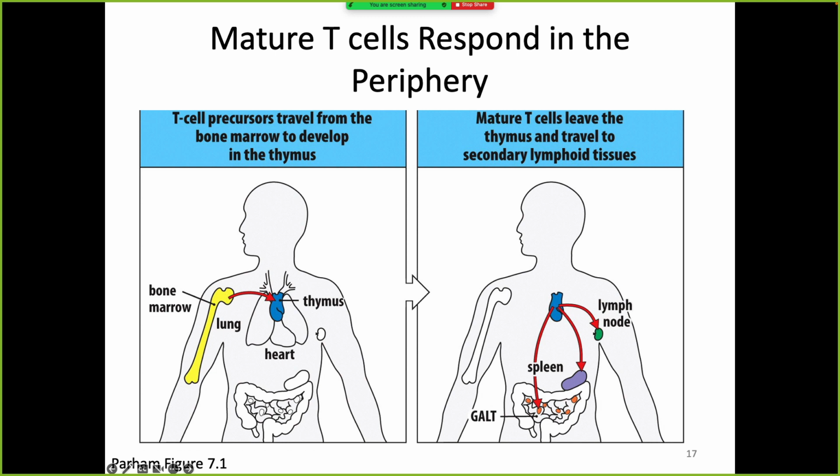We also oftentimes will do some experiments to help us understand some details of T cell development by looking at the periphery to see what types of T cells are present after T cell development has happened.